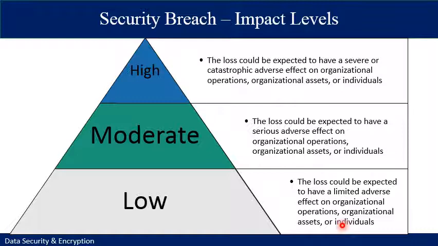That means it is not very damaging. For example, if a website is hacked which does not contain the sensitive information of the user, that will lie in this category.